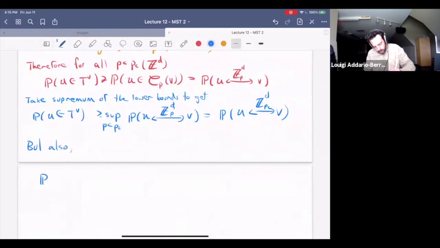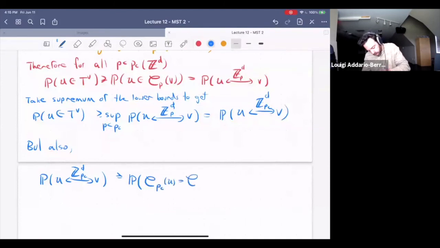So for this probability, one thing that guarantees that U and V are in the same component is if they're in the infinite component. So this is at least the probability that they're both in the same component, and that component is infinite, right?